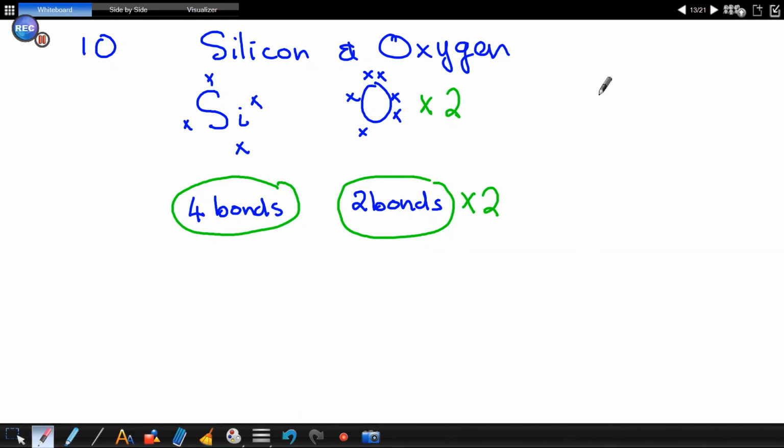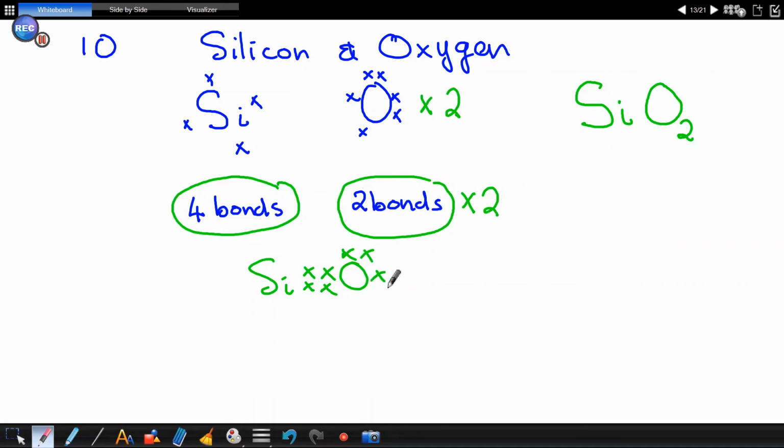So I can see, without drawing anything out, silicon forms a bond with 2 oxygens. I don't have to draw all these crosses, because I can now see the pattern. I don't have to show Si with 4 electrons shared with one oxygen and another 4 electrons shared with another oxygen. I don't even have to do this anymore.